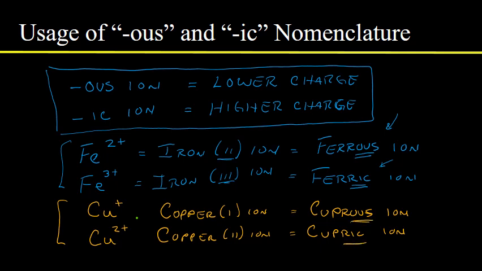Right. And you'll see these things also when you use the -us and the -ic nomenclature, the roots refer back to their Latin names, which again is also something that makes them a little bit confusing.